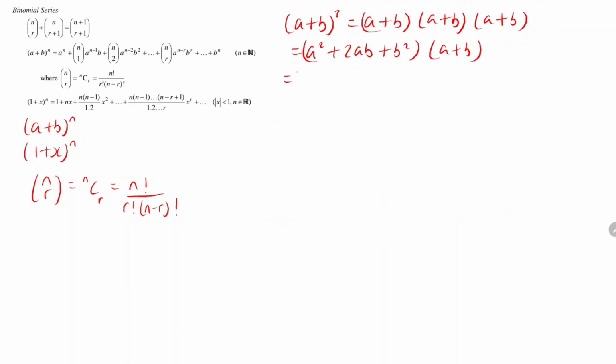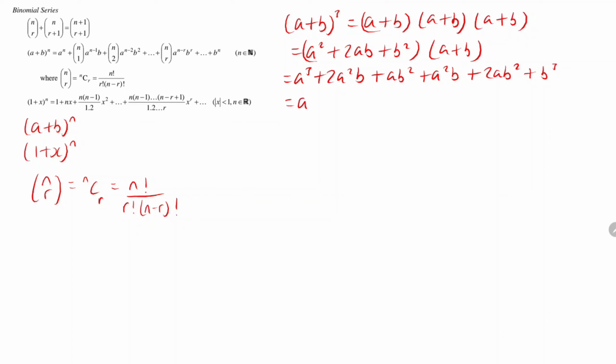We'll times everything by a first, which gives us a cubed plus 2a squared b plus ab squared. Then we're going to multiply them by the b, which gives us a squared b plus 2ab squared, and then b times b, which is b cubed.